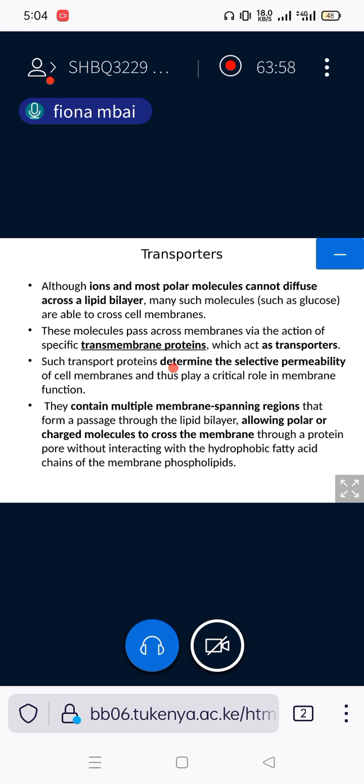Such transport proteins determine the selective permeability of the cell membrane, meaning the transmembrane proteins act for particular molecules. They don't act for all the molecules. They are membrane proteins for different substances that need to cross.